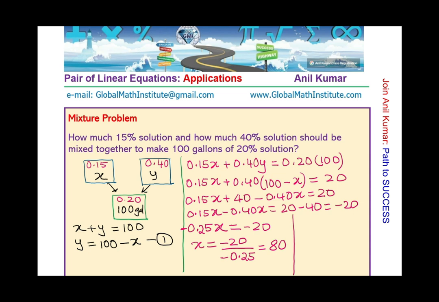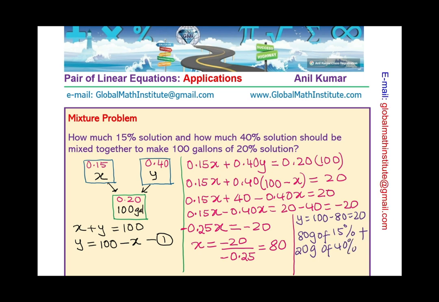Let's figure this out. So y is 100 minus x. So y is 100 minus 80, which is 20. So we get 80 gallons of 15% solution, right? Plus 20 gallons of 40% solution, right? So that becomes the answer for the given question.